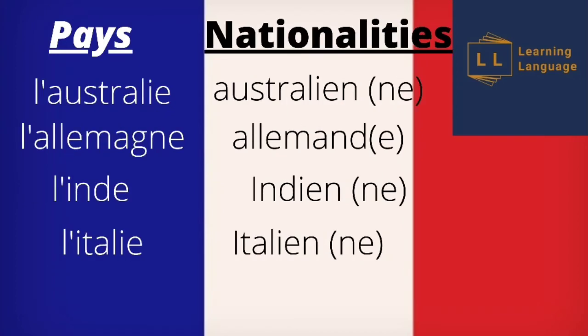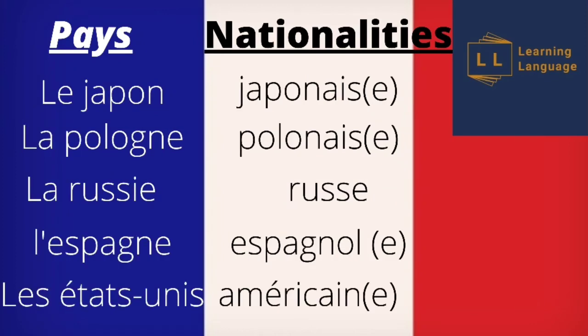Okay. Now, l'Australie, Australien, Australienne. L'Allemagne, Allemand, Allemande. L'Inde, Indien, Indienne. L'Italie, Italien, Italienne. Le Japon, Japonais, Japanese.